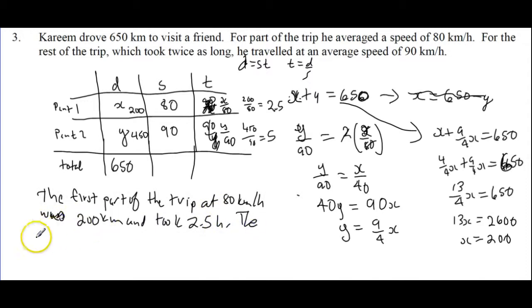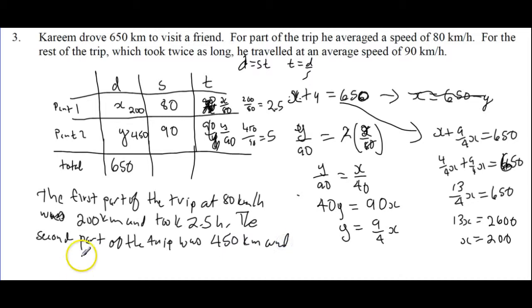The second part of the trip was 450 kilometers and took 5 hours. And that fits in with the explanation of what's up here. And we're done.